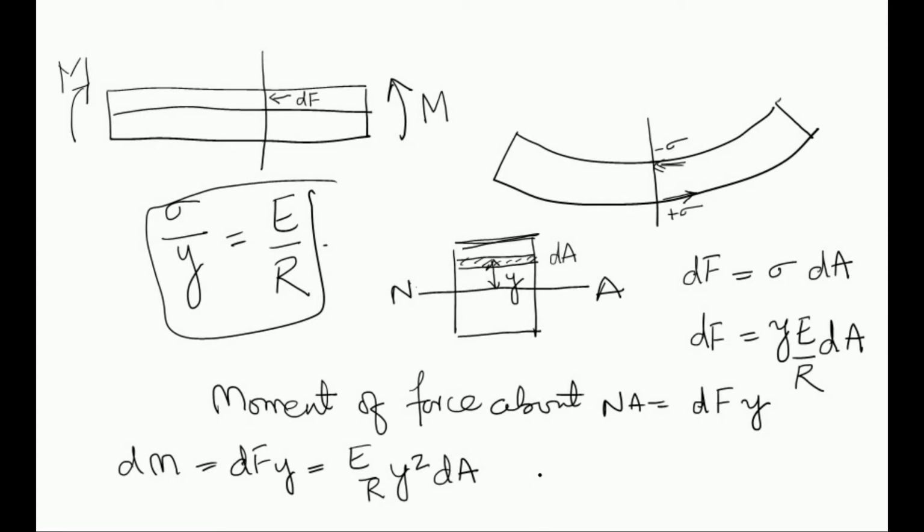So now if you integrate over the area, let's write once again, dM is E by R y square dA.